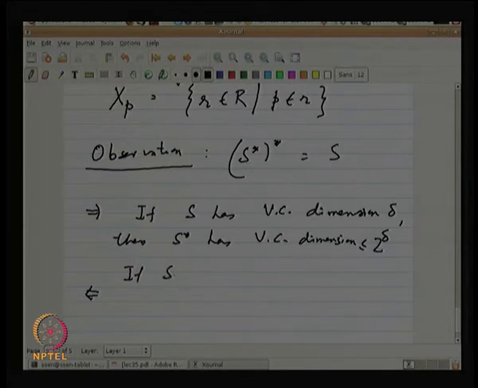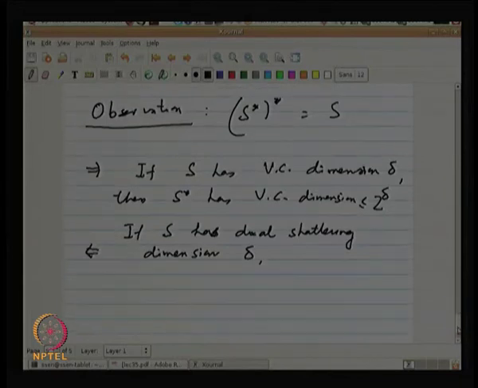This is another statement, about dual shattering dimension. So, if S has a dual shattering dimension, meaning the dual space S star has shattering dimension delta, what does it mean?